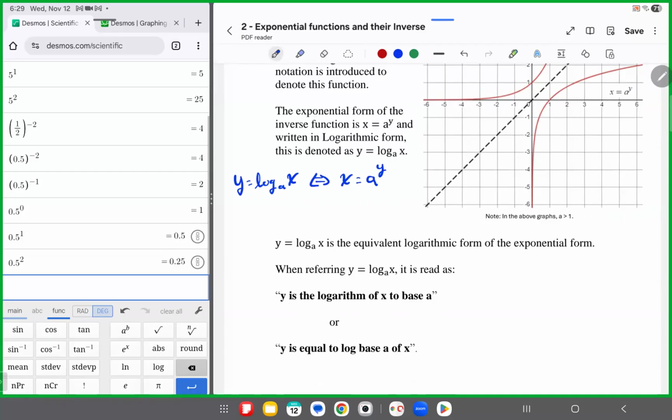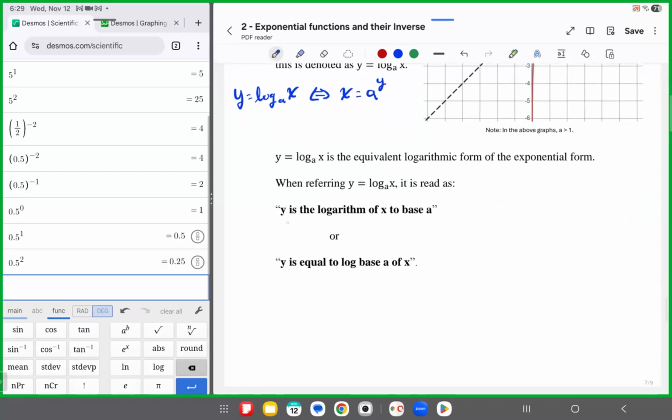And so the way we read these things is if you have y is equal to log base a of x, it is read as y is the logarithm of x to base a.